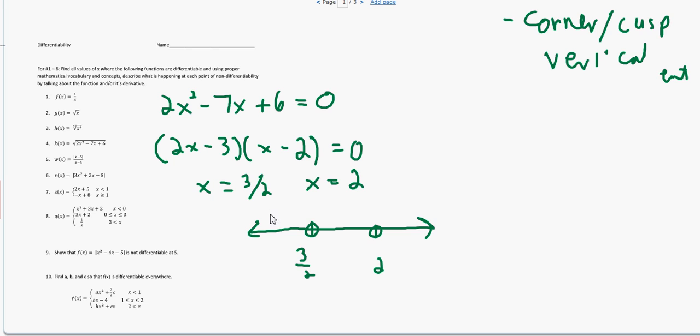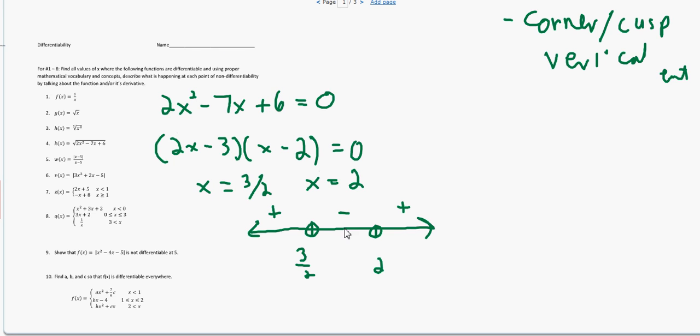Negative 3 times negative 2 is positive 6. Plug in a number between 3 halves and 2. Well, it's bigger than 3 halves, which means this one's going to be positive, but smaller than 2, meaning this one's going to be negative. Positive times a negative, negative. And plugging in a number bigger than 2, like 100 kajillion, positive times a positive is a positive. So, as long as 2x squared minus 7x plus 6 is positive, then we can take the square root of it.